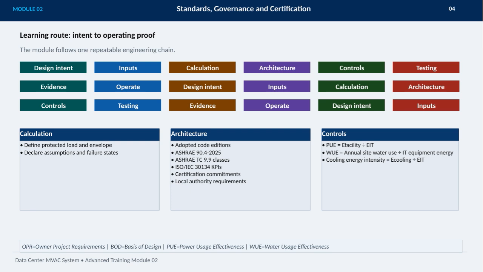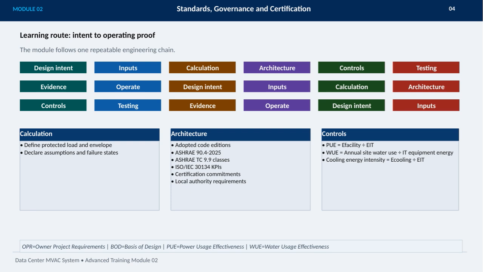An important part of this process is clearly defining the protected load and envelope while declaring assumptions and potential failure states. The architecture phase involves adopting the latest code editions, including ASHRAE 90.4-2025, ASHRAE TC 9.9 classes, ISO/IEC 30134 KPIs, certification commitments, and local authority requirements.